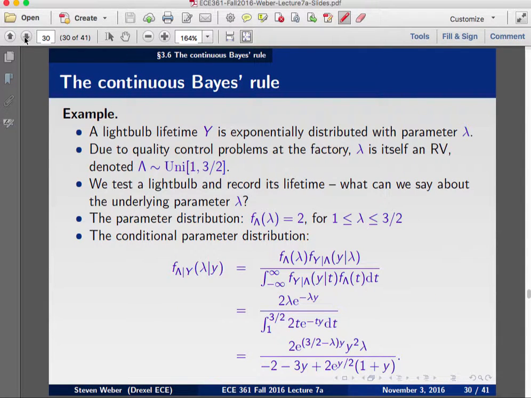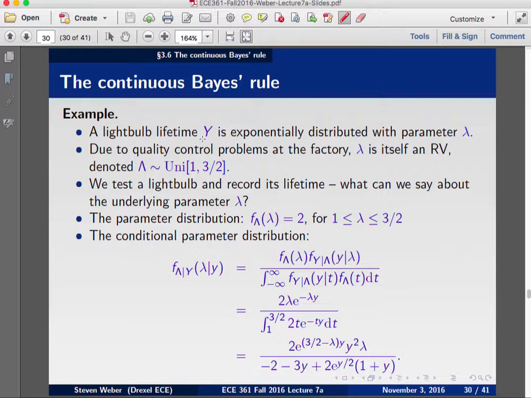All right, so let's do an example. The idea here is that what we're going to observe is a light bulb lifetime, y. And we suppose that the lifetime, y, is a function of the quality of the light bulb. We think of that quality as the parameter in the exponential distribution governing the lifetime of the light bulb.